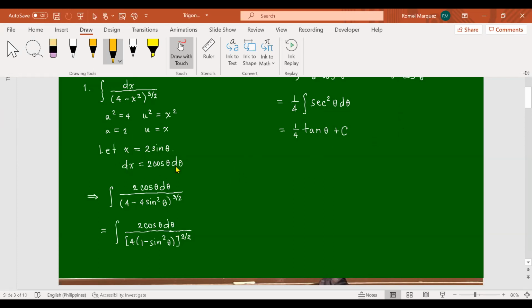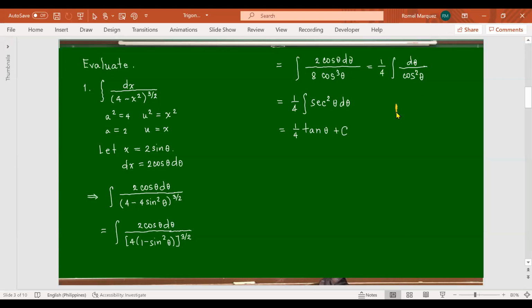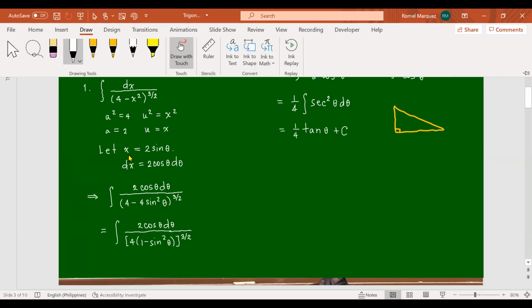The associated triangle out of this is this triangle, and it has the following parts. So let's label the sides. You can draw an arbitrary right triangle. So this is a right triangle. Now, here, sine theta is x over 2.